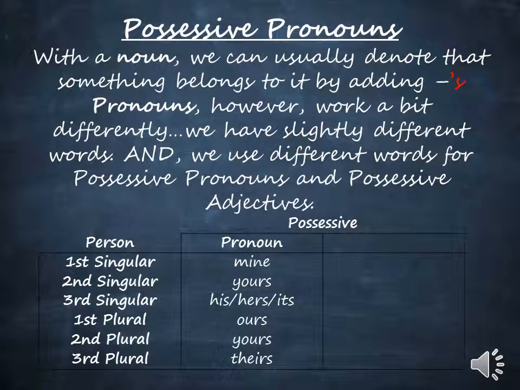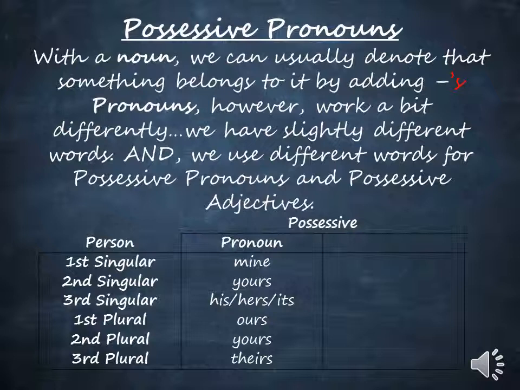So, for example, looking at the first person singular, if we're looking at the simple pronoun, we just say mine. It's mine. That book's mine. It is mine. But that's just the pronoun.